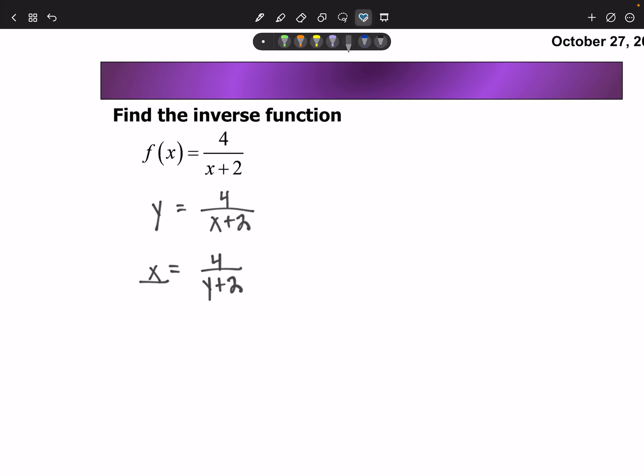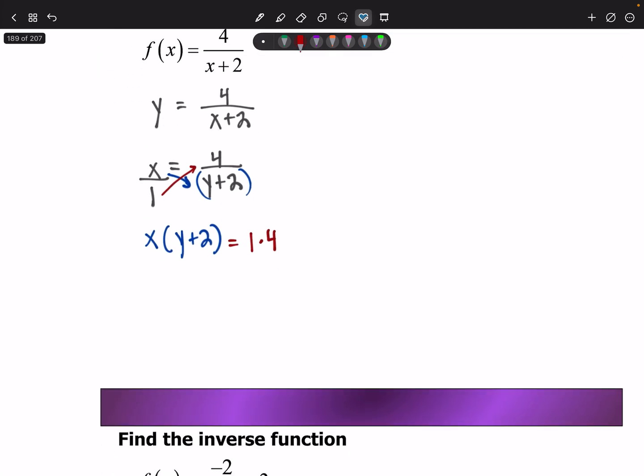So what I'm going to do is I'm going to put x over 1, and I'm going to cross multiply, so I get x times all of y plus 2 is equal to 1 times 4. So I have xy plus 2x is equal to 4.